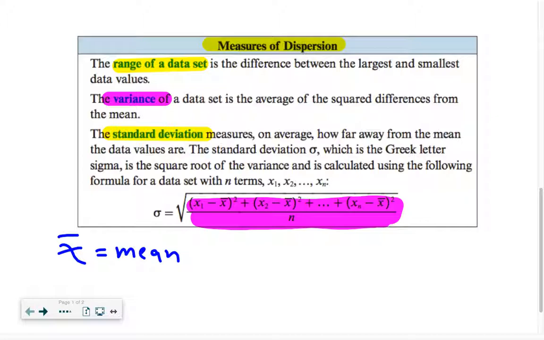Then we do that for the second one: x of 2 minus the mean, squared. We do that all the way down the line till we reach our final nth term. Then we add all of those squares together, and then it's kind of like the average. When we're all done, we divide by the number of terms within the set, n number of terms.